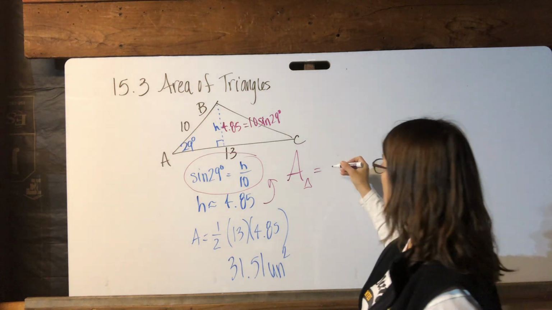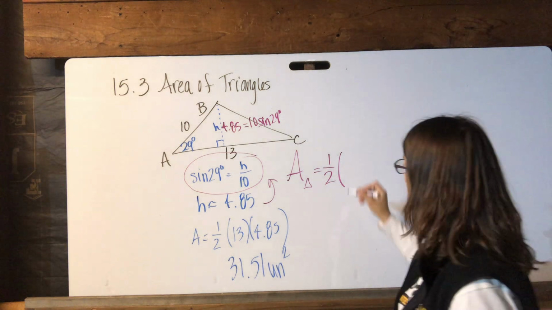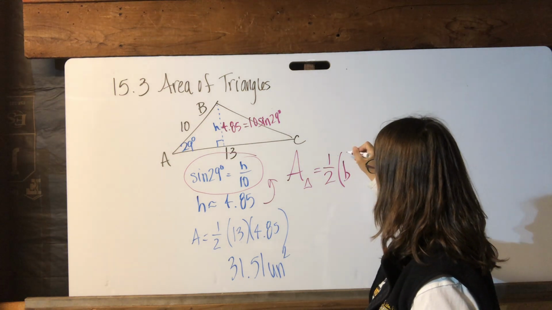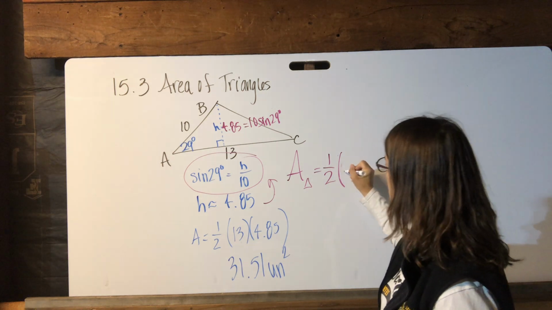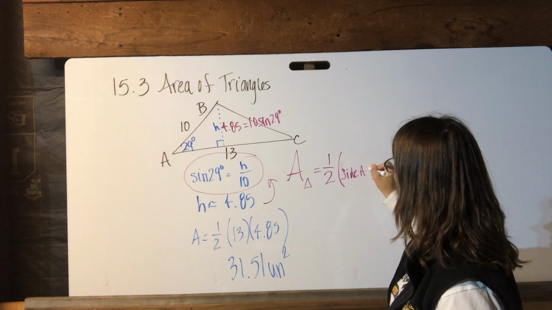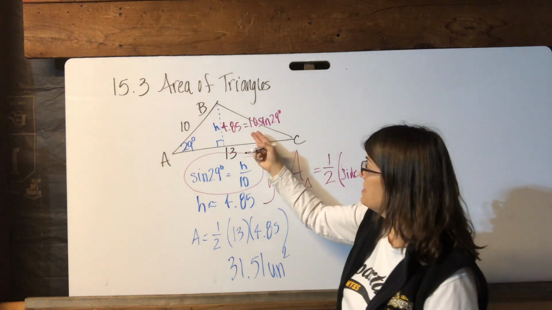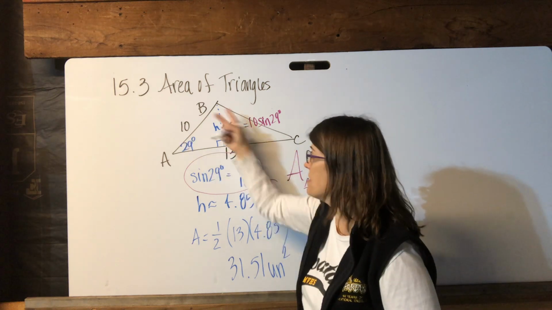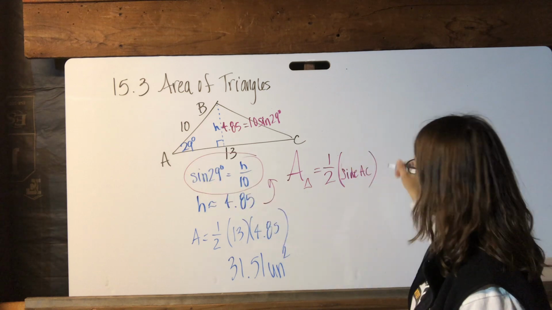The area of the triangle is 1/2. I don't want to use B for base, so let's do side AC, times the 10, but the 10 came from side AB.